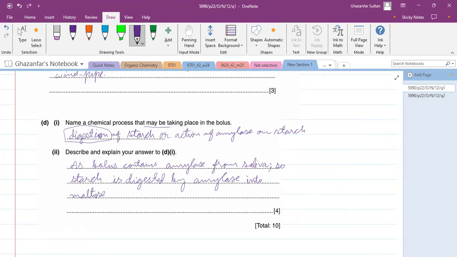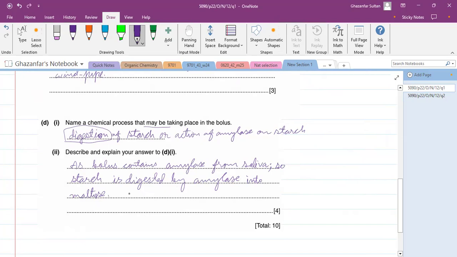And the pH, this salivary amylase works on neutral pH. So pH is 6.8 or neutral.